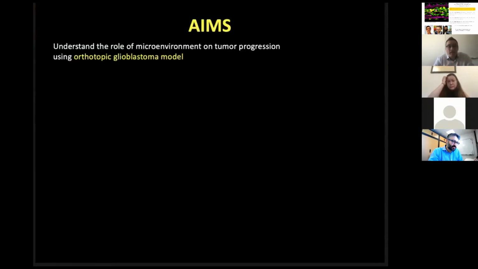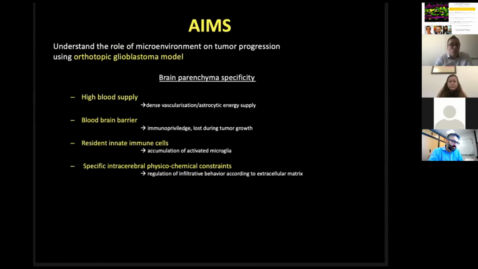At the beginning, our aim was to understand the role of the microenvironment on tumor progression, using orthotopic glioblastoma models. In this context, we wanted to know what was the specificity of the brain parenchyma to develop tumors, in particular regarding the high blood supply, the blood-brain barrier, the fact that there are resident innate immune cells in the brain to protect it, and also the specificity of the physico-chemical properties of the brain that regulate the infiltrative behavior of cells.